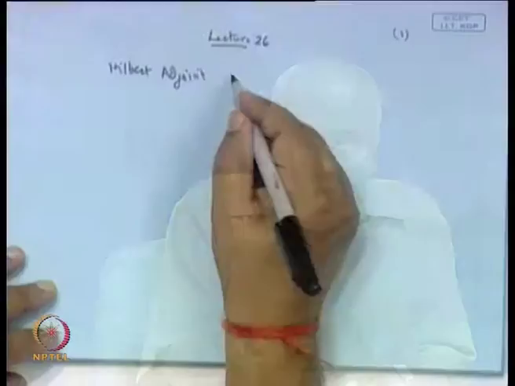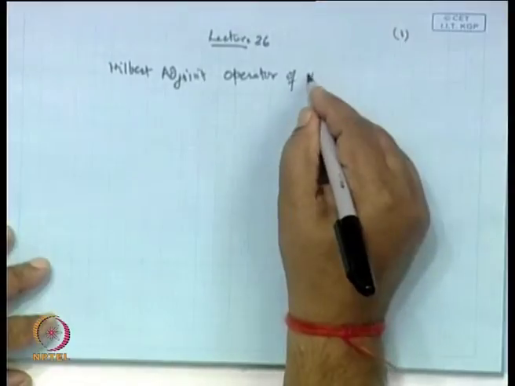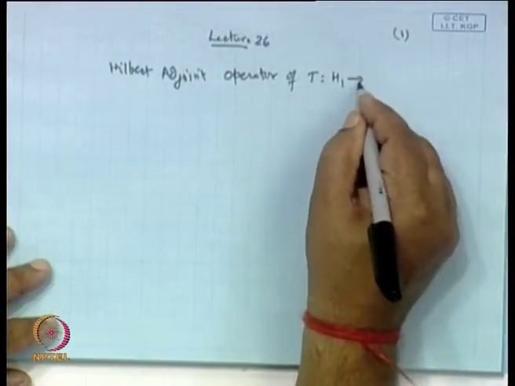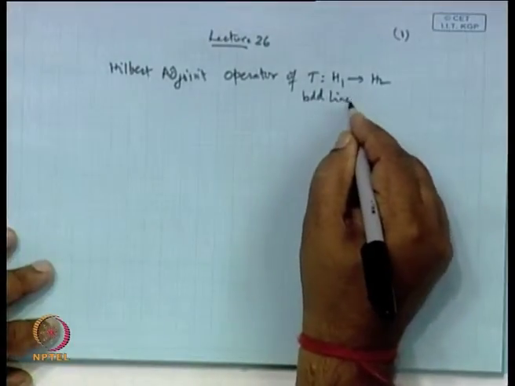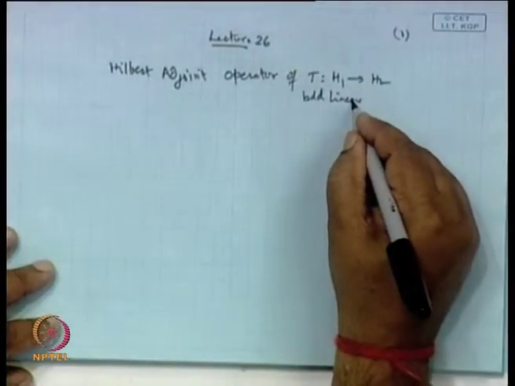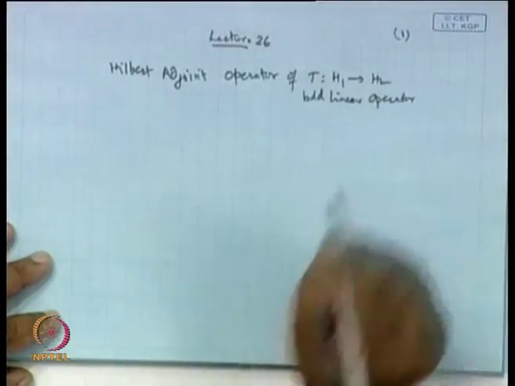We have discussed the Hilbert adjoint operator of a bounded linear operator T, which is a bounded linear operator from Hilbert space H1 to another Hilbert space H2.